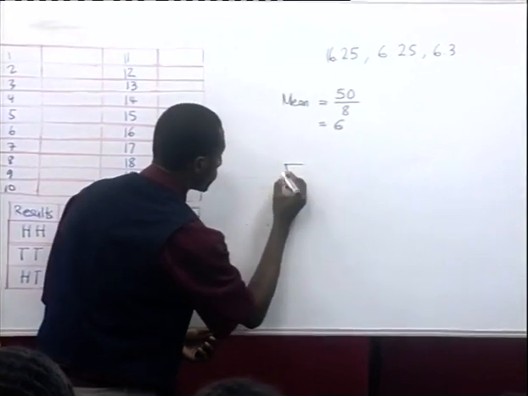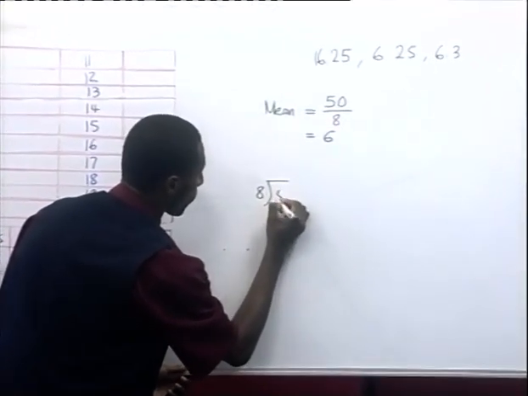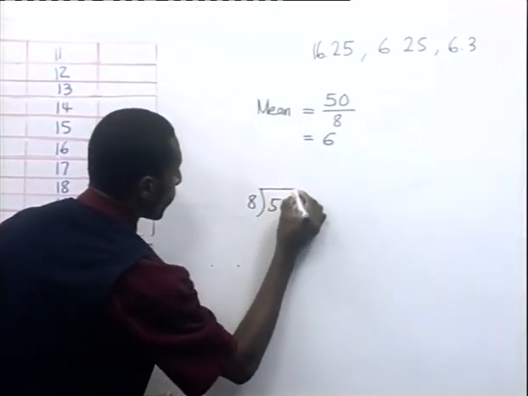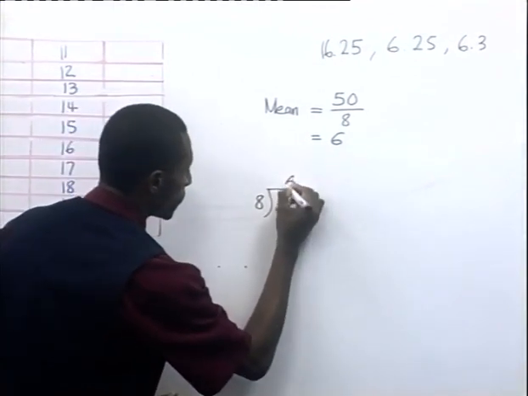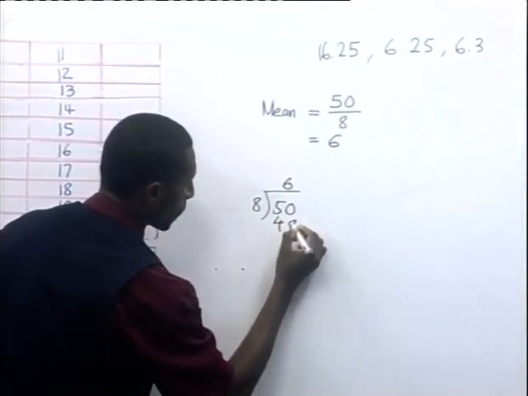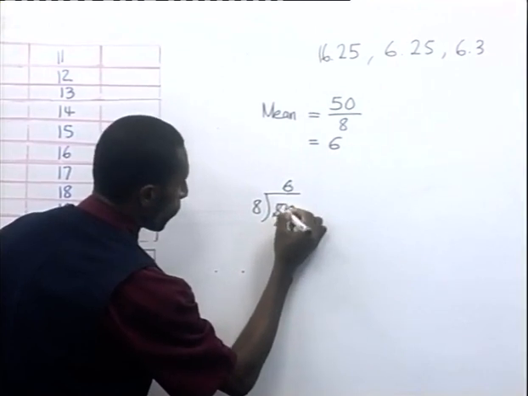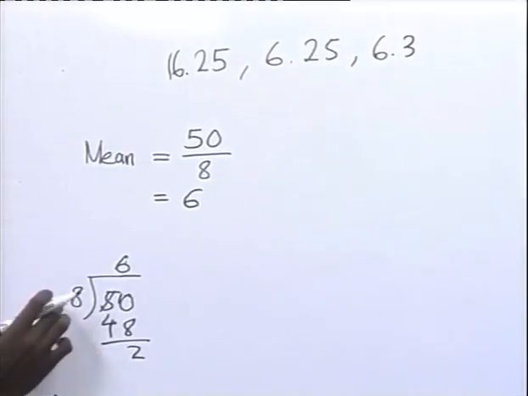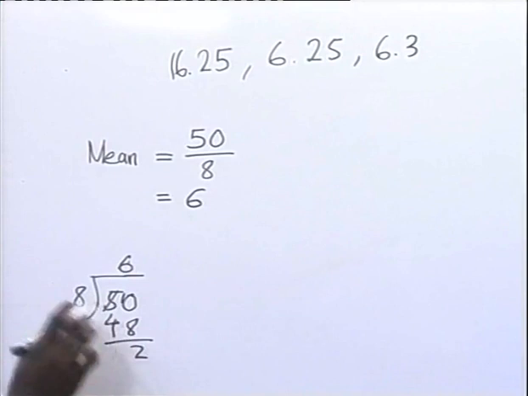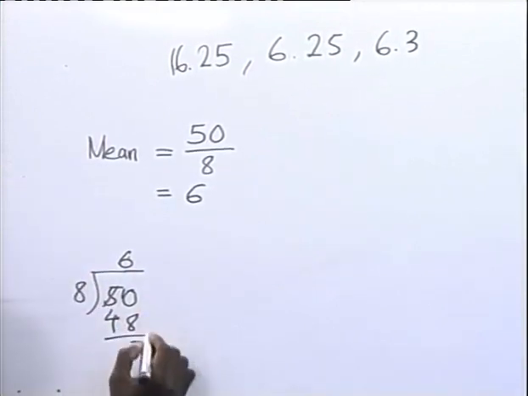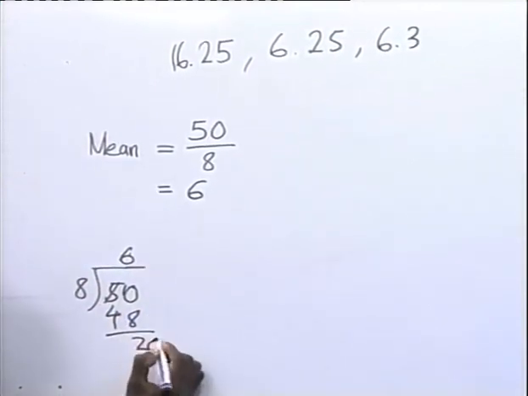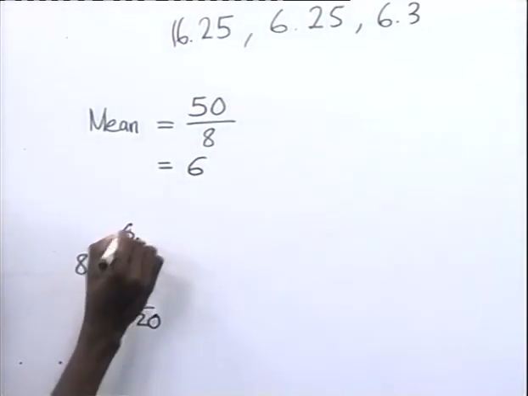Let's do it here. 8, 50 into 6, 48. We have remainder of 2. 8 cannot divide by 2, so we bring down. We add 0 and add decimal point.